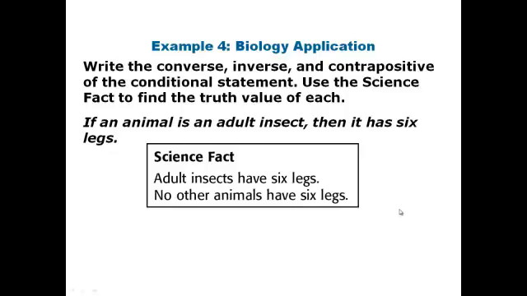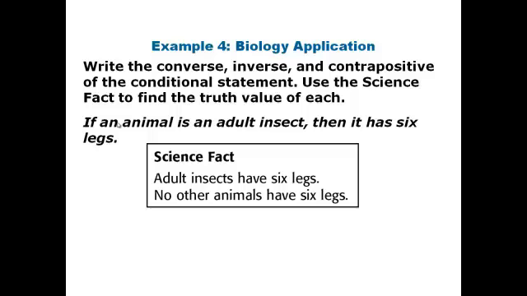Okay, so let's look at this right here. Now it says, write the converse, the inverse, and the contrapositive of the conditional statement. And then it says to use the science fact to find the truth value of each. So here is our conditional statement. If an animal is an adult insect, then it has 6 legs. Now first of all, what is the hypothesis? An animal is an adult insect. What's the conclusion?